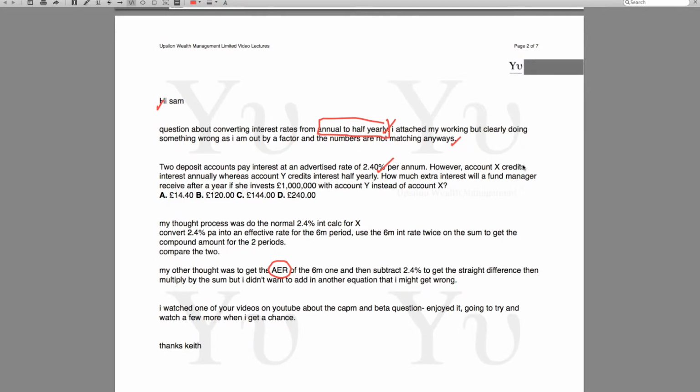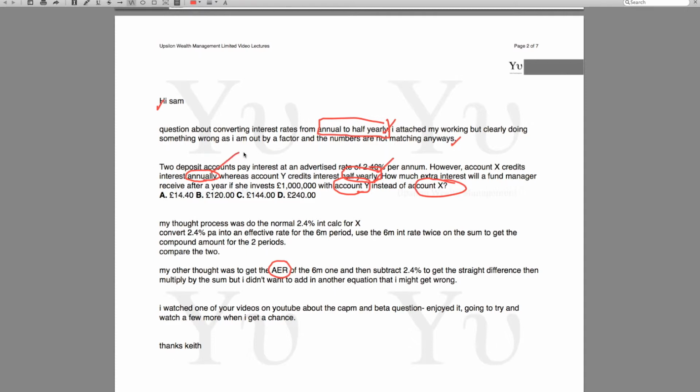However, X credits interest annually, whereas account Y credits interest half yearly. How much extra interest will a fund manager receive after a year if she invests 1 million with account Y, which is credited half yearly, than account X, which was just annually?